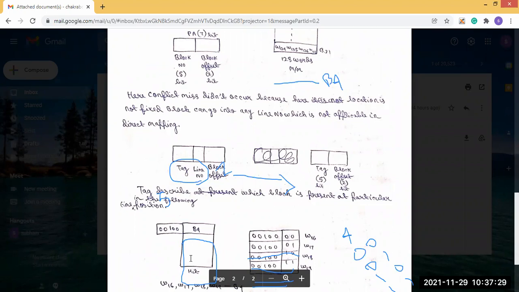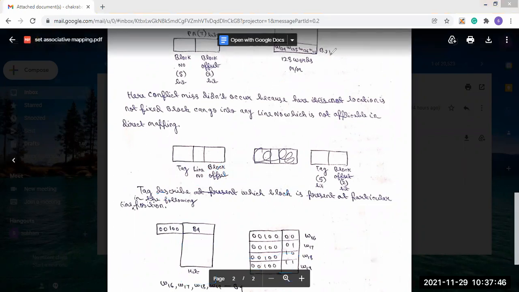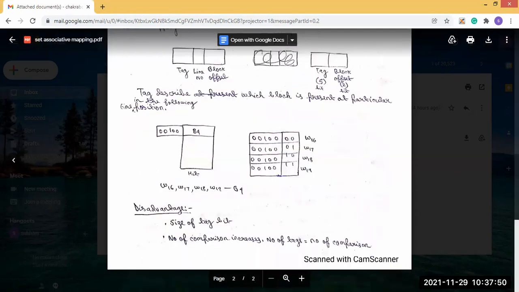Because in fully associative mapping, the block can be present in any line. So we will not use that concept, and we will find the block like this. Okay, is it clear?